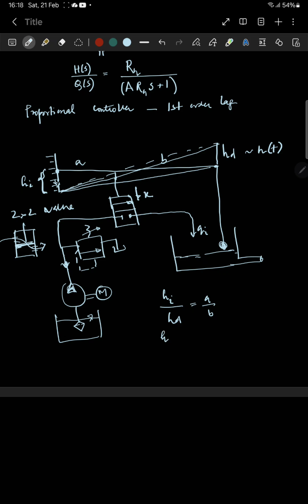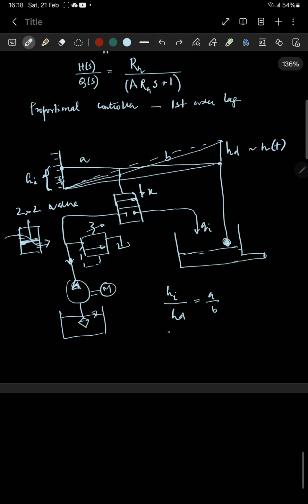Also now we have xf, this length. xf divided by hi is equal to b by a plus b.